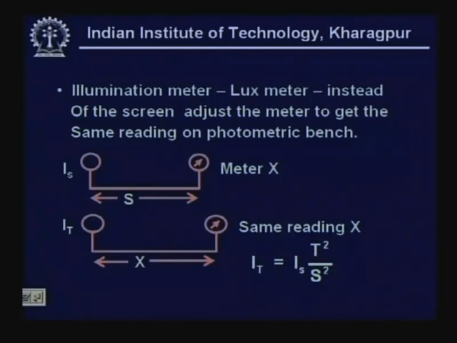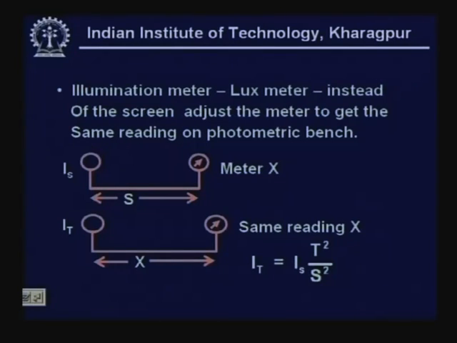The way to do it is to take the standard lamp, let us say it is placed on the photometric bench, and the lux meter is positioned a distance s away from the standard lamp. And say it gives a reading x, then we replace the standard lamp by the test lamp and move the meter till such time we read the same reading, and we get a new position of the meter, t away from the test lamp.